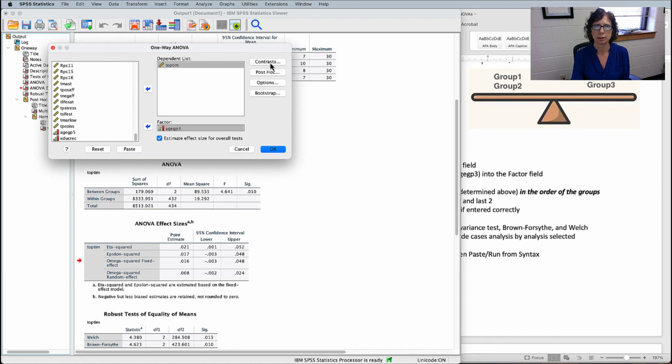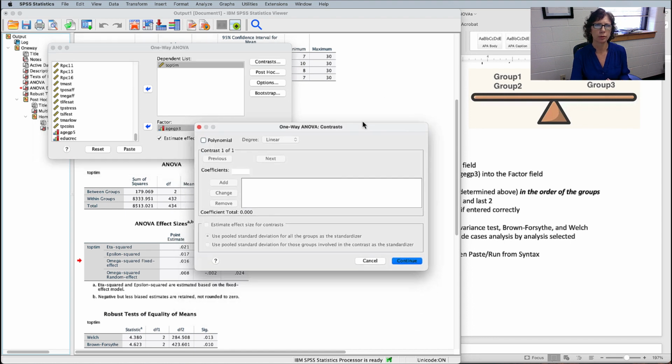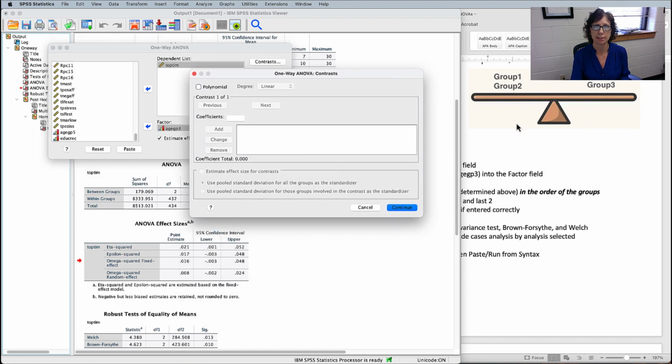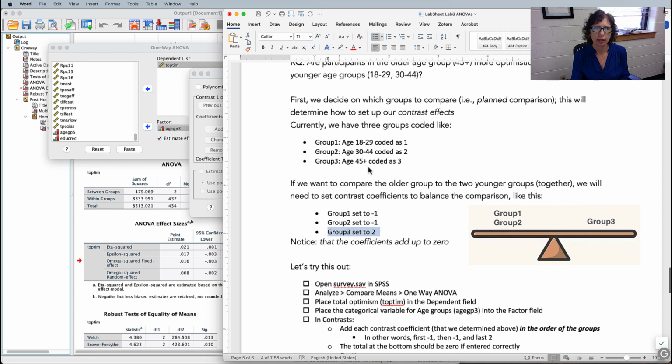Next, here in the contrast, this is where we're going to set up that balancing act. Now the trick of it is we need to go in the same order that the groups are categorized as. For example, in our data, group 1, the younger group, then group 2, the middle age group, then group 3, the older group. So we need to keep that order in mind when we're setting up our coefficients.